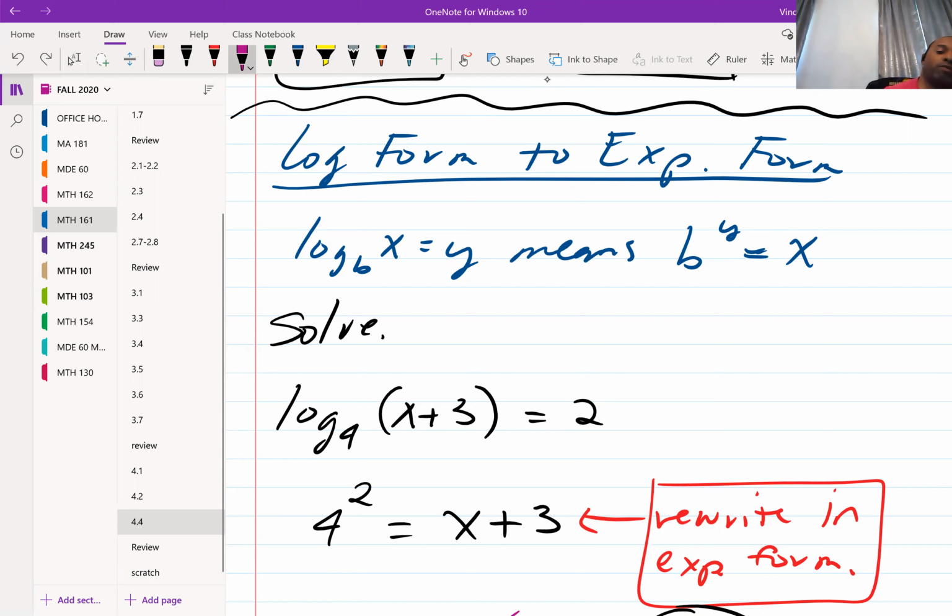So that's why we have 4 to the second power equal to x plus 3. All right, any problems?